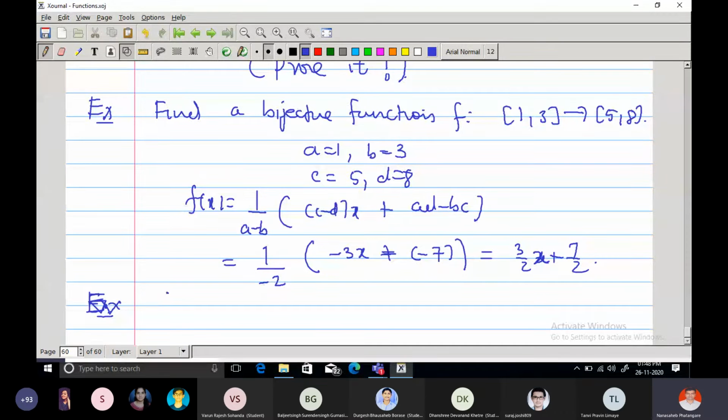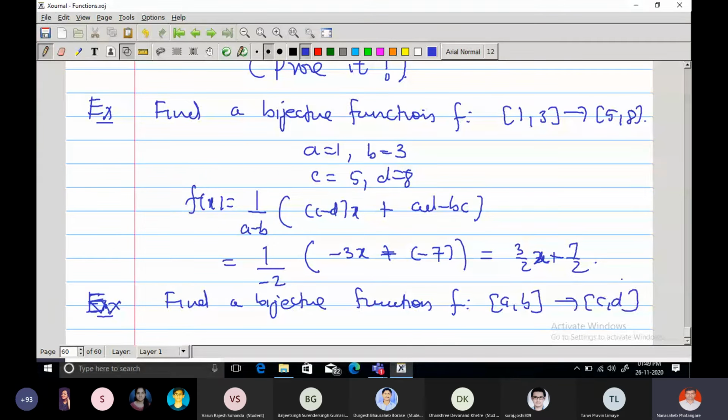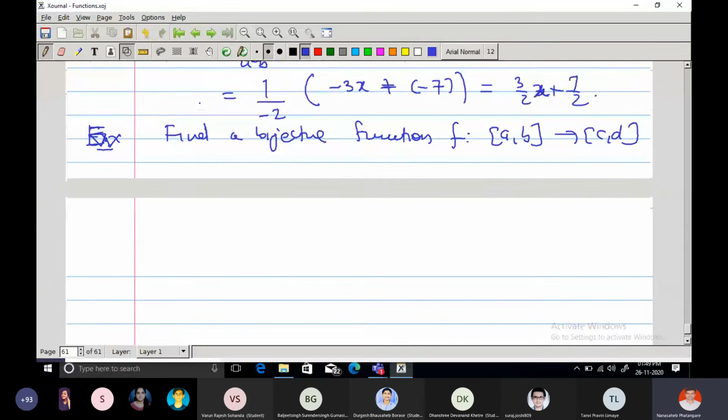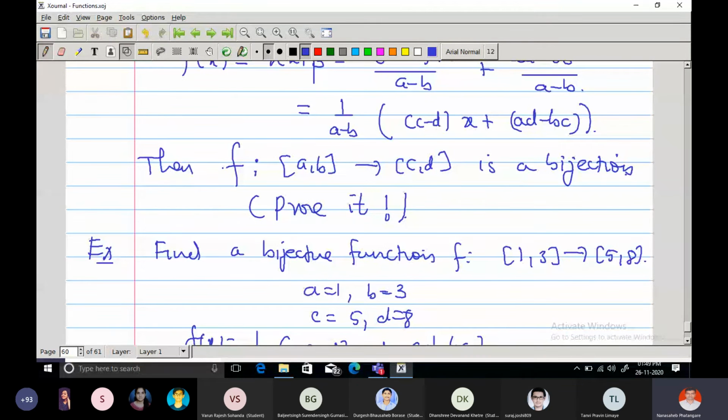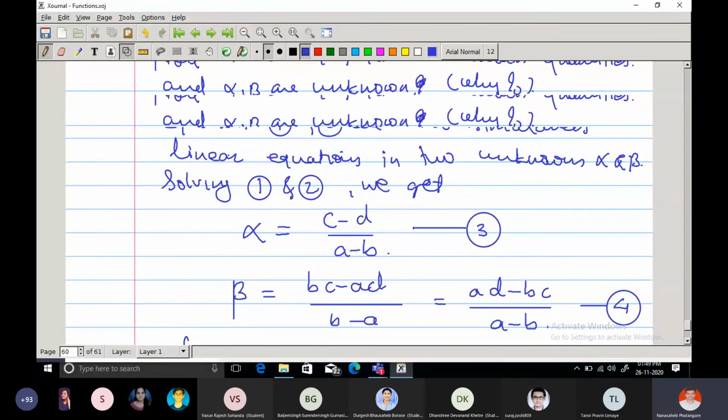So find a bijective function f from AB to CD such that, because in the picture I showed a green line and a yellow line, you find the function whose graph is the yellow line. In the previous case we found the function whose graph is the green line. You find a function whose graph is the yellow line.